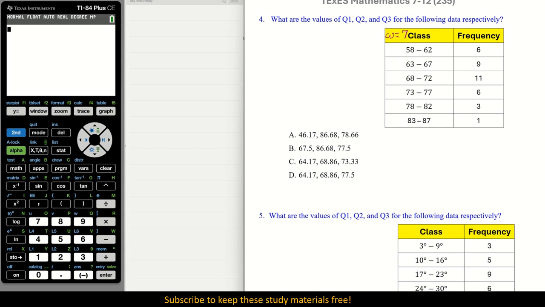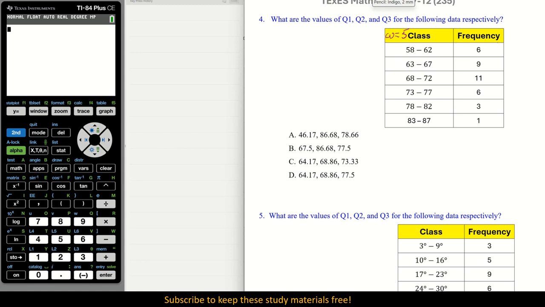Oh, no, not 7. Sorry. It would actually equal 5. Then the first thing I need to remind you is that we can't just pop in an L1 and an L2 in a list and come out with our answer. We have to actually remember how to calculate this.